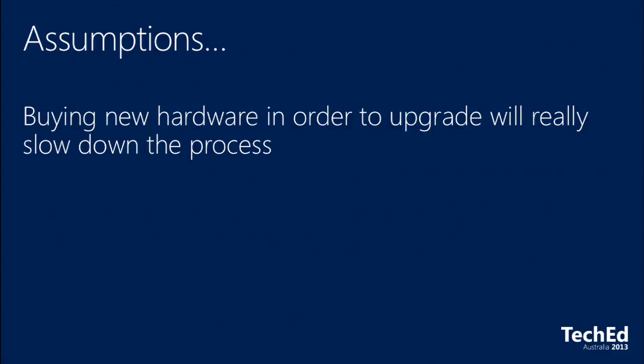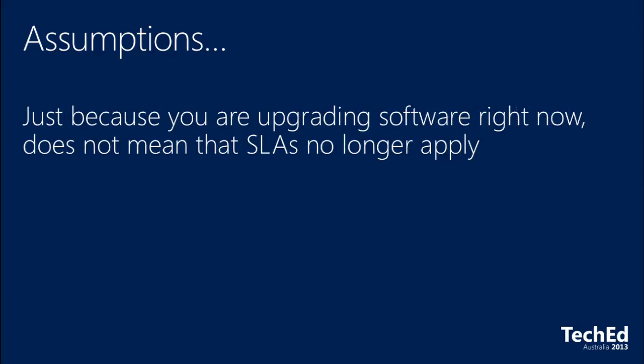If you do justification, you have to do the business justification. If you're going to do the business justification, then you have to do all the analysis of the options. You have to do the analysis of the vendors. You have to figure out what storage you're going to do. And there's 6 months gone. That is easily the biggest thing. So buying new hardware to upgrade, that's a problem.